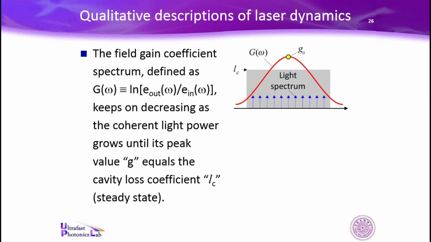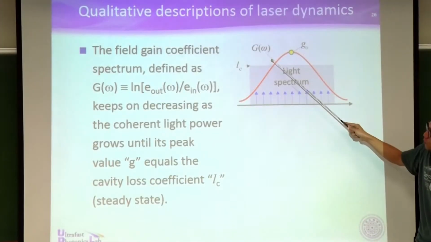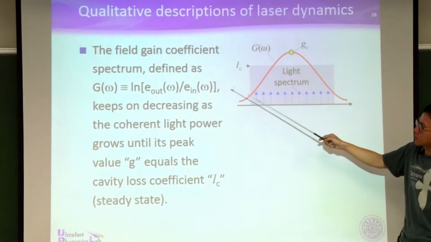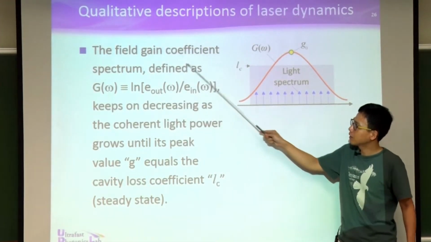Now we can talk a little bit about dynamics, okay? But it's only qualitative descriptions, no formulas, just simple ideas. Let's take a look at this figure. What does the red curve mean? It means the field gain coefficient spectrum defined here. Okay?